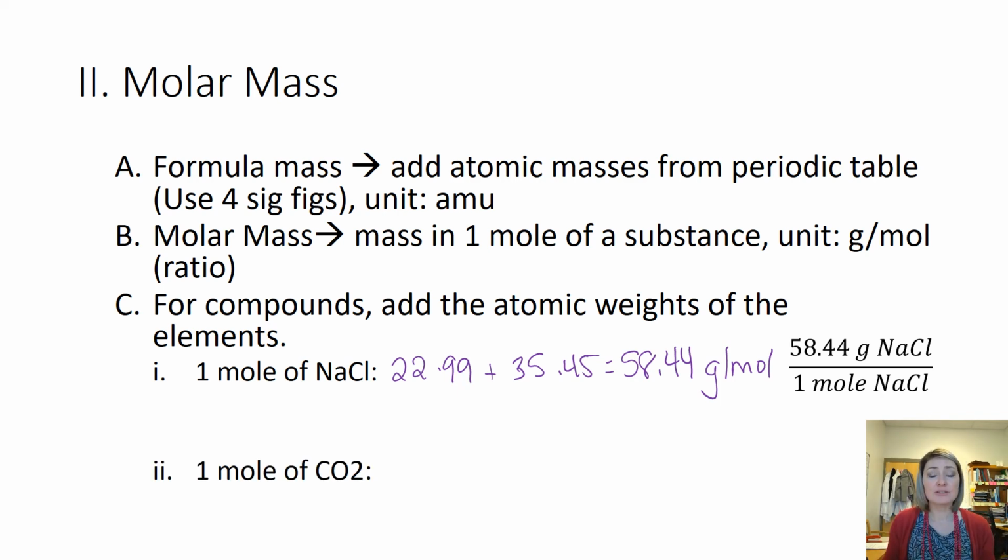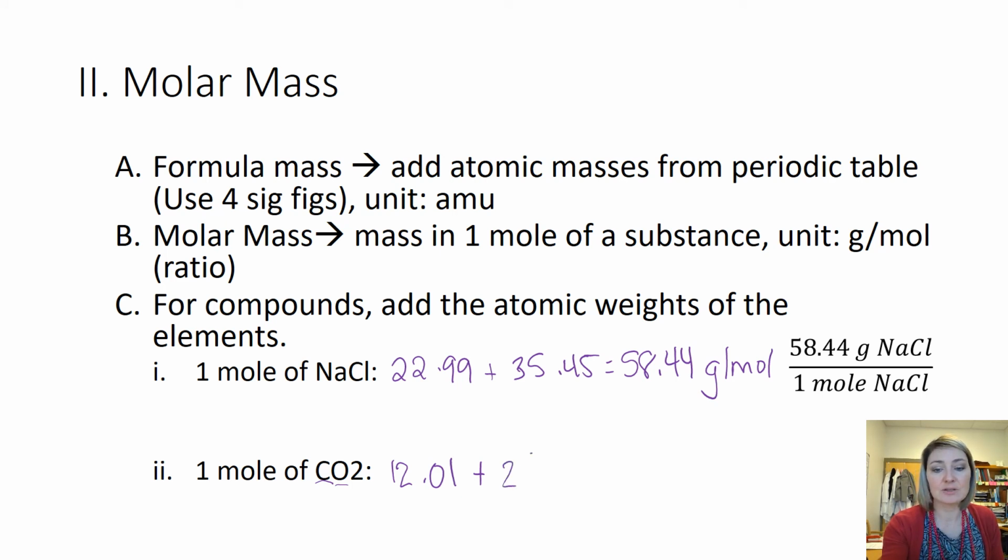So now let's do the same thing, but let's make it a little more difficult by having a molecule that has subscript. So what we're going to need to do is we need to calculate 1 carbon plus 2 oxygens, and we'll take the mass of those. Because our subscript tells us for this compound to exist, it needs to be in a 1:2 ratio. So carbon is 12.01, and then I can either multiply 2 times whatever the mass of oxygen is, or I can add the oxygen twice.